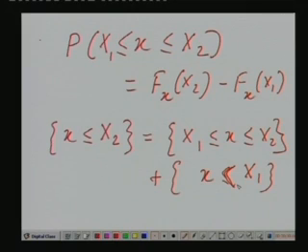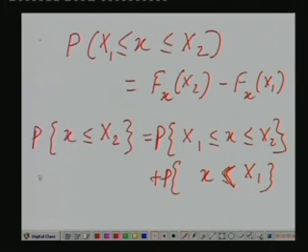In one case, small x lies between x1 and x2, in another case x lies below x1, and their union gives rise to this set. So the probability of this, since these are disjoint, can be written as the probability of this plus the probability of this.